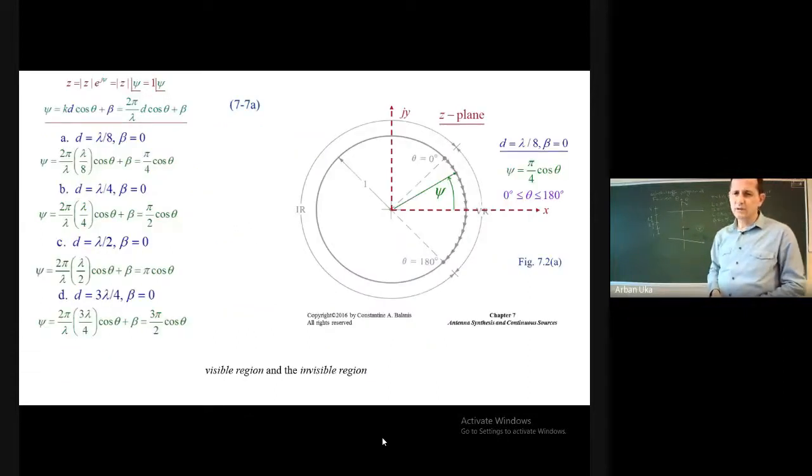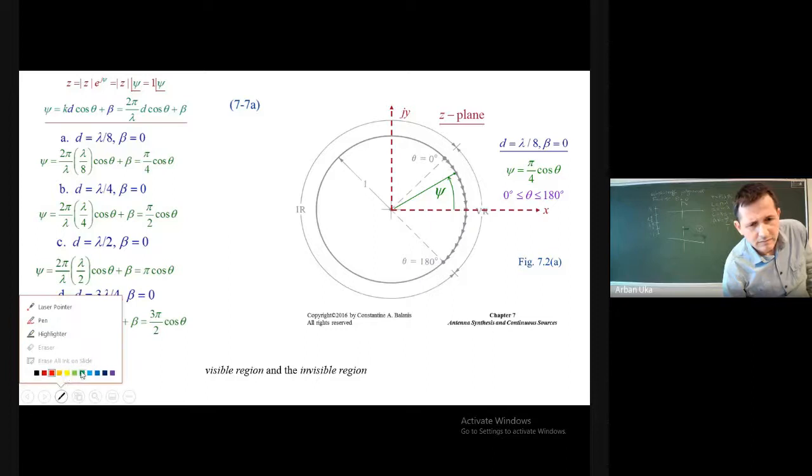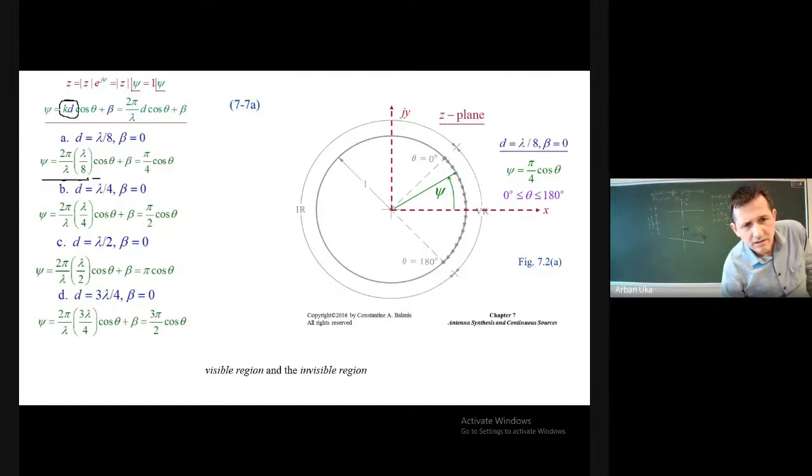If you have d equal to lambda over 8, we multiply by 2 pi divided by lambda. So the third line in this slide, this is kd. Then we get pi over 4 cosine theta.